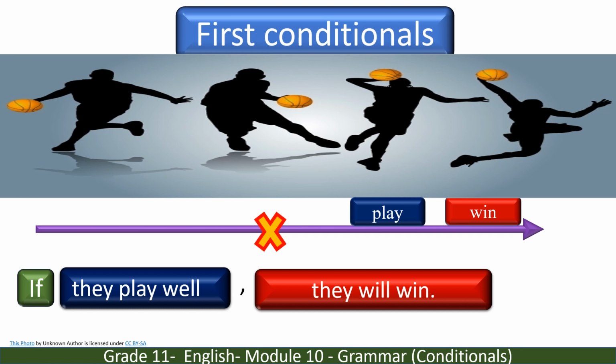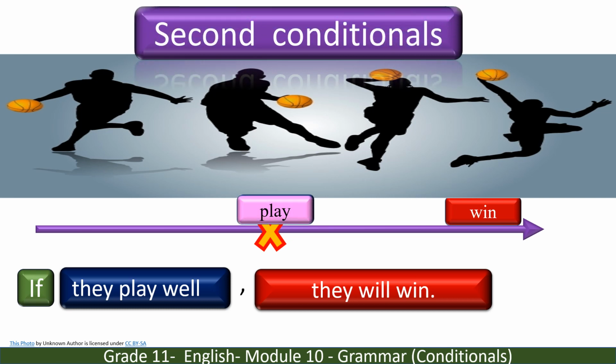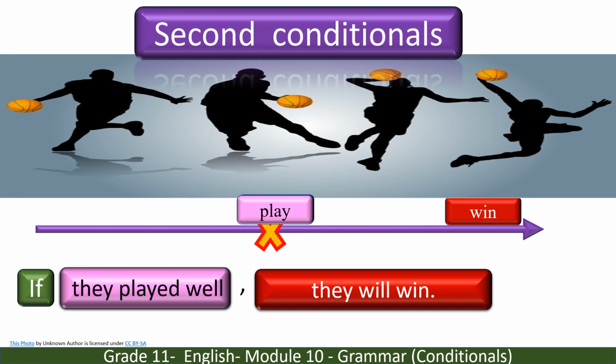But if it's now past 5 and they are not playing well and the match is already on, so the verb play moves from the future to the present, and we used second conditionals. So we say if they played well, they would win.